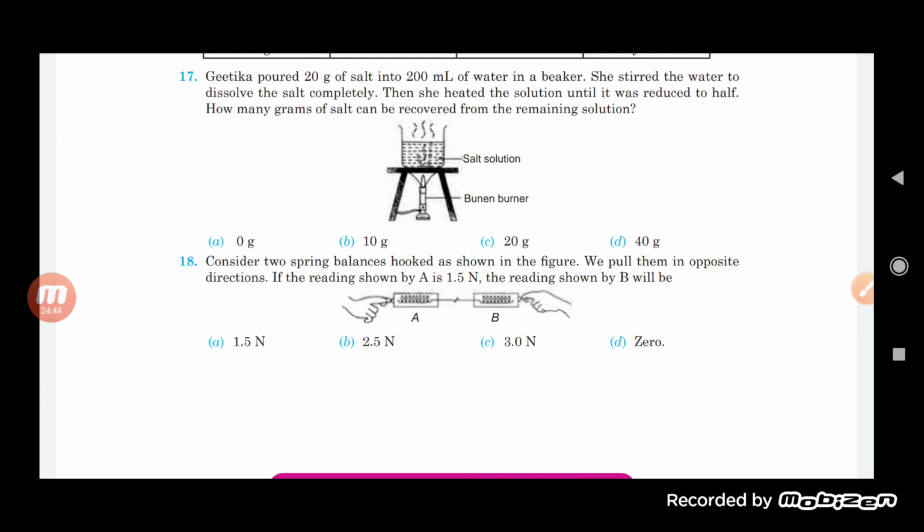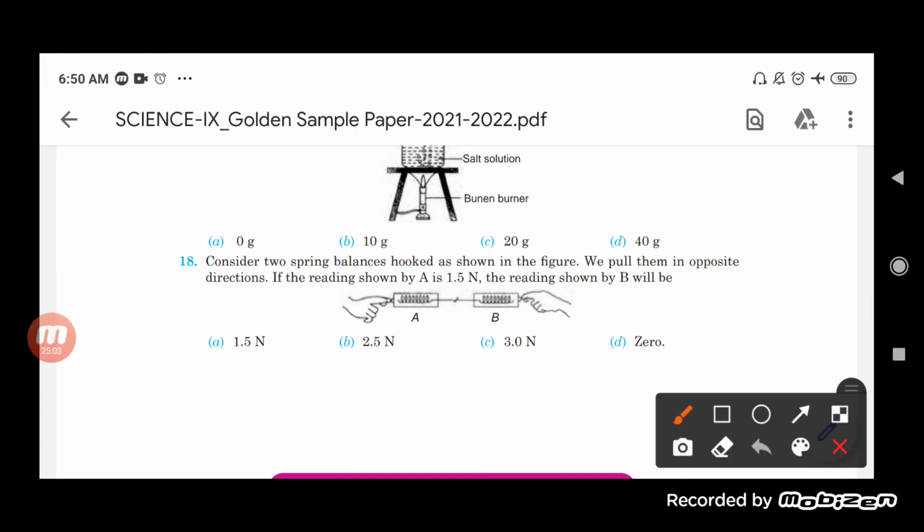So the force will remain the same in both cases, whether pulled by A or B. Since the reading shown at A is 1.5, the other one will also apply a force of 1.5 Newton. So the answer will be 1.5 Newton.